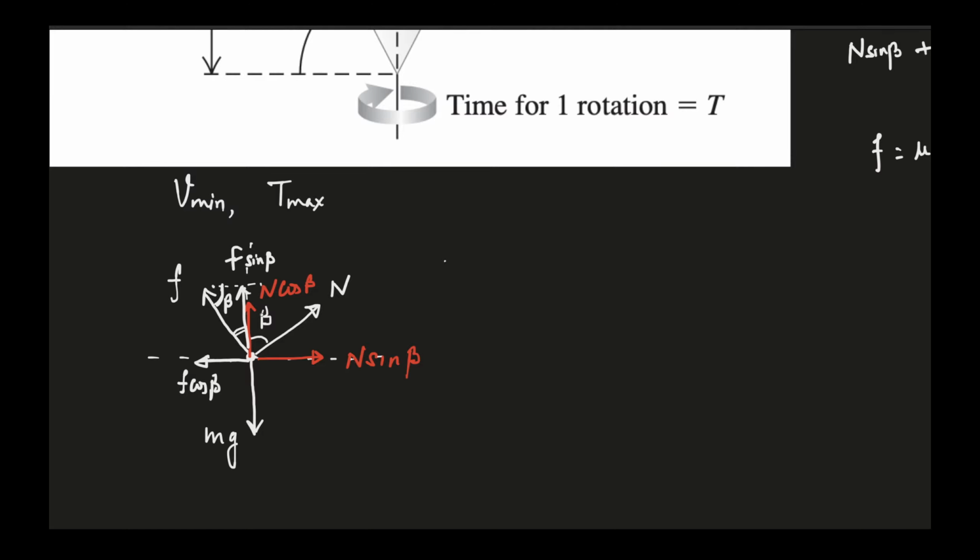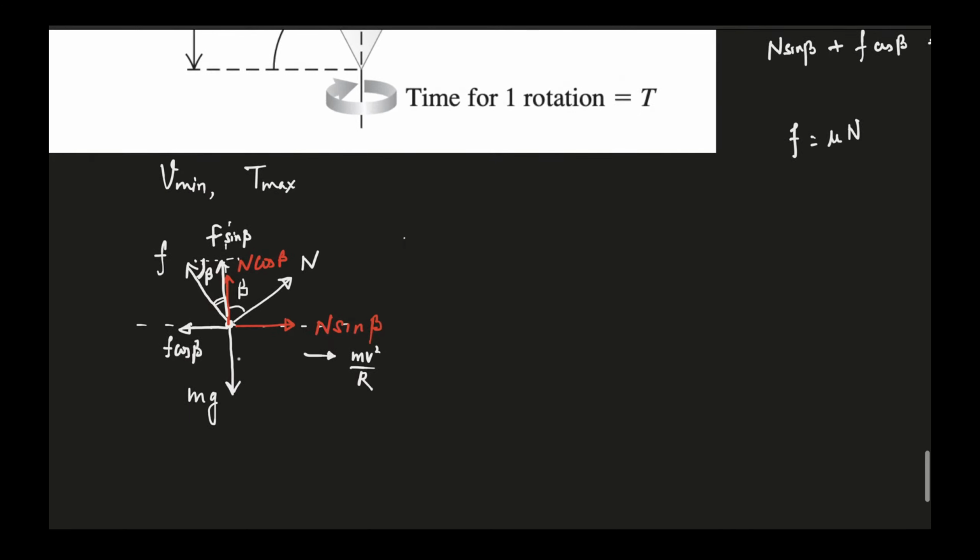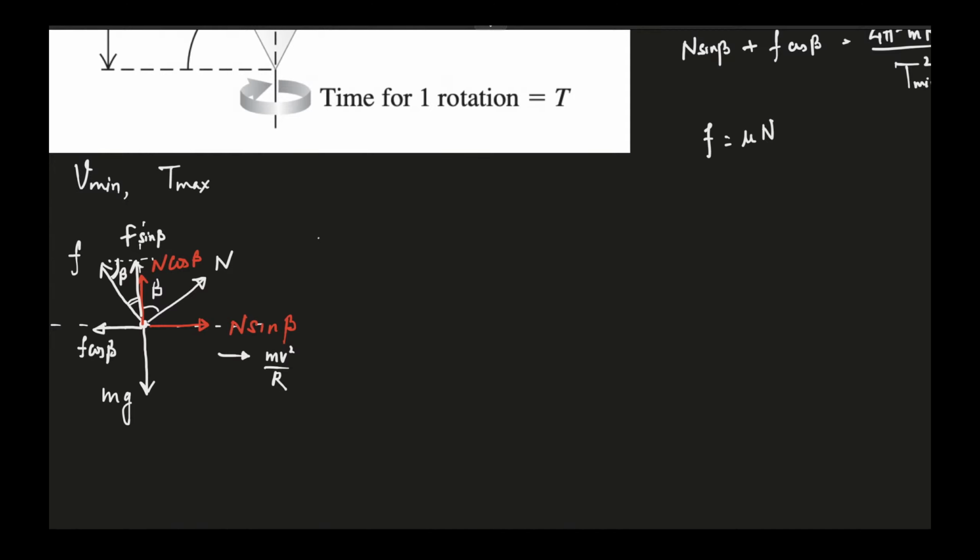So the upward two forces, N cos beta, f sin beta, vertically downward mg, left side f cos beta, right side N sin beta. Remember, on this side is your centripetal, mv square upon r, is working.